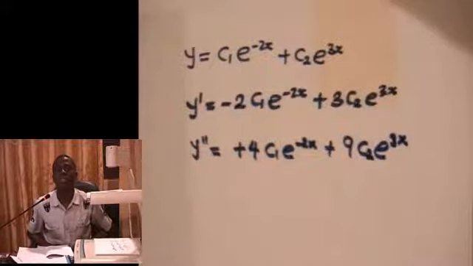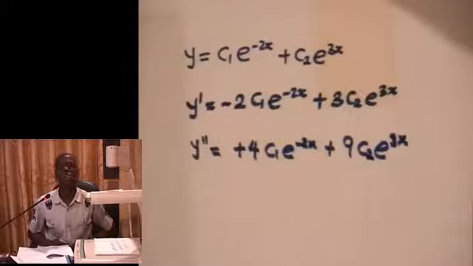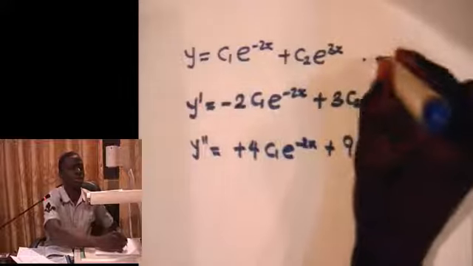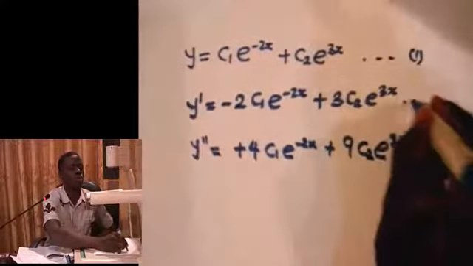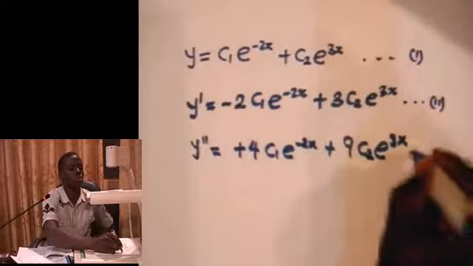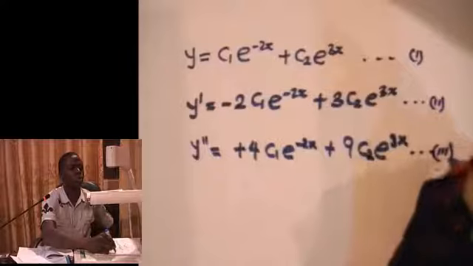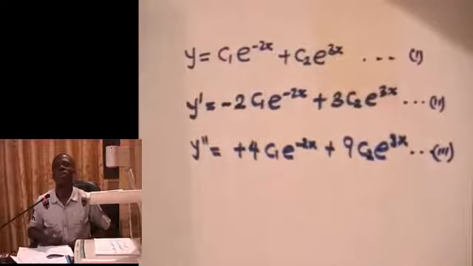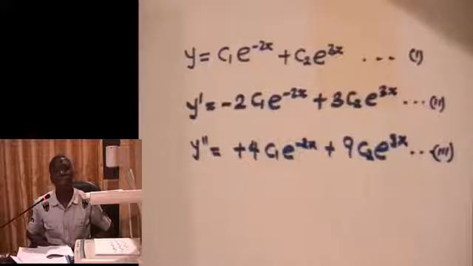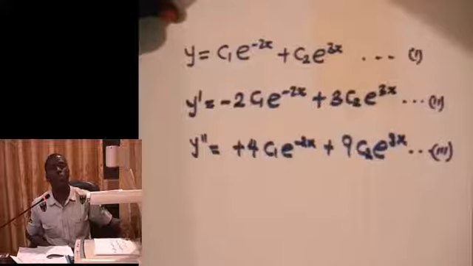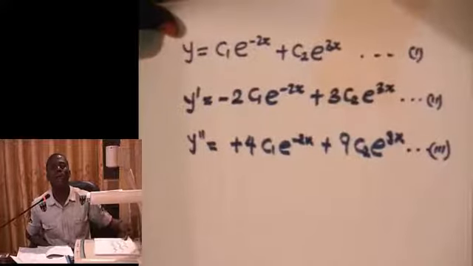We have to eliminate the arbitrary constants. So we take these as equations. Let's call them equation 1, equation 2, equation 3. We'll decide which of the constants we want to eliminate. Let's say we eliminate c1. We pick two pairs of equations and solve simultaneously.